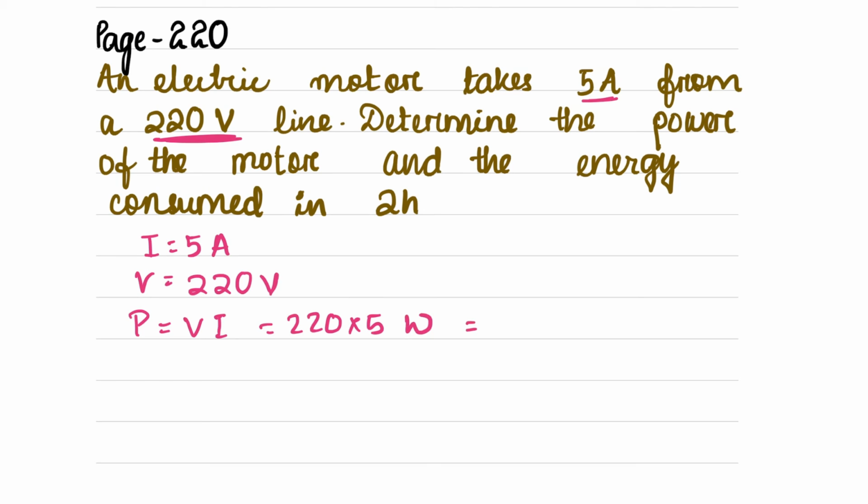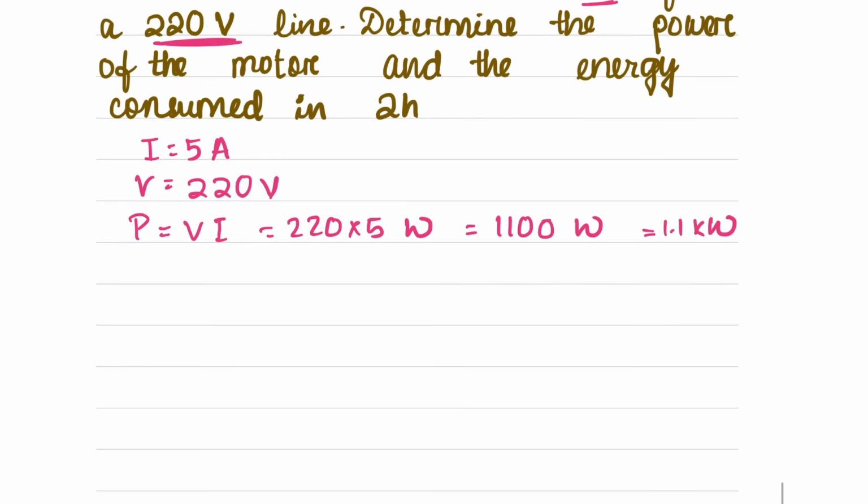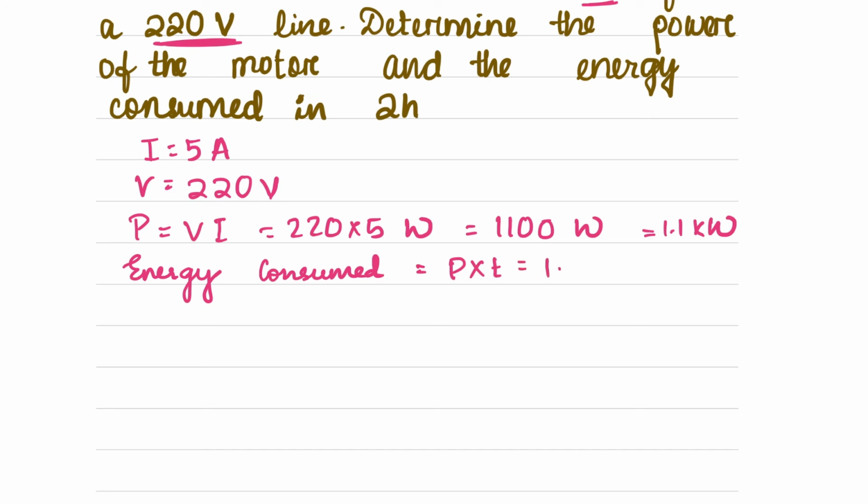So it is equal to 1100 watt, or 1.1 kilowatt. I have converted this because I have to find out the energy consumed. Now the energy consumed will be equal to power into time, which is equal to 1.1 kilowatt into 2 hour, or it is equal to 2.2 kilowatt hour. With this we complete the numerical as well as the chapter.